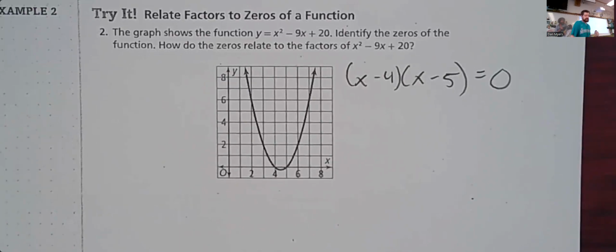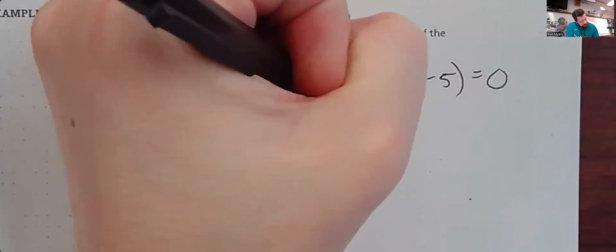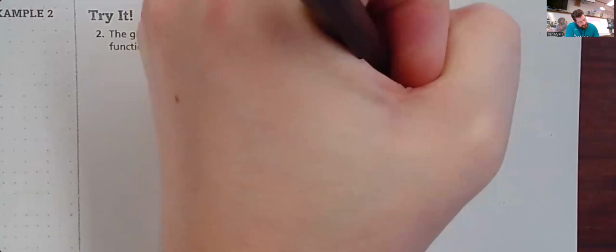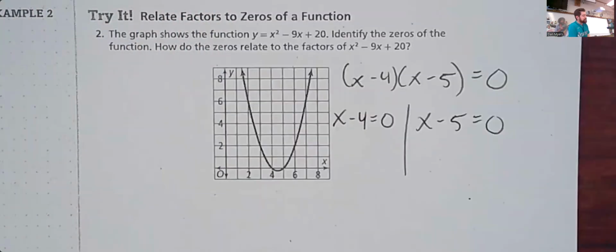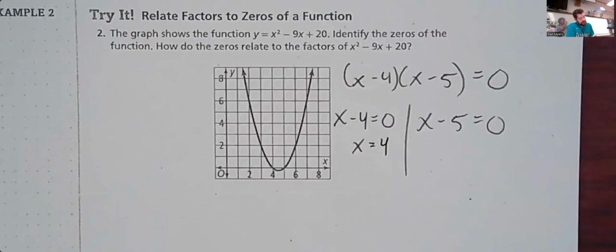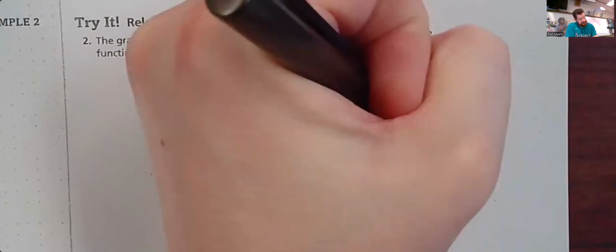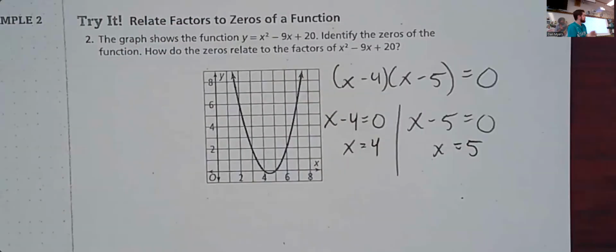We're going to say x minus 4 equals 0. And we're going to have x minus 5 equals 0. And then we'll very quickly solve for x. So for the first one here, we're going to add 4 to both sides, x equals 4. And on the second one, we're going to add 5 to both sides, x equals 5.